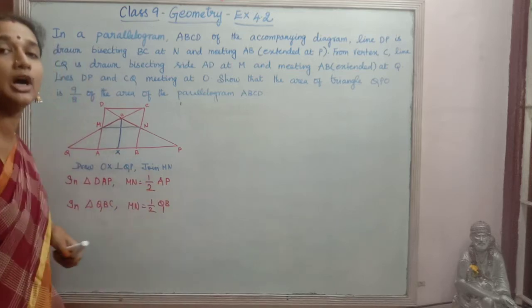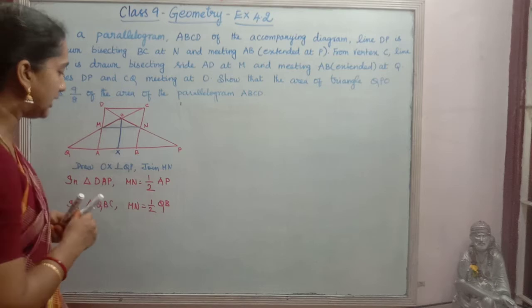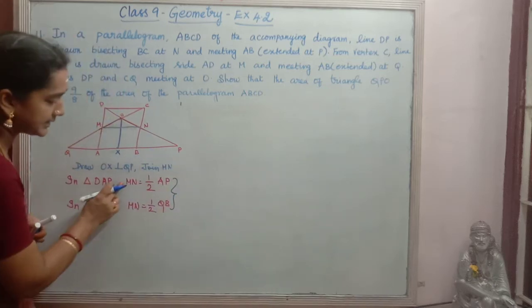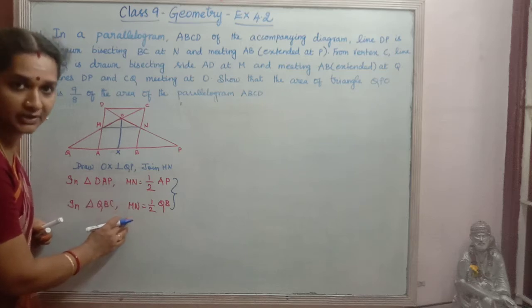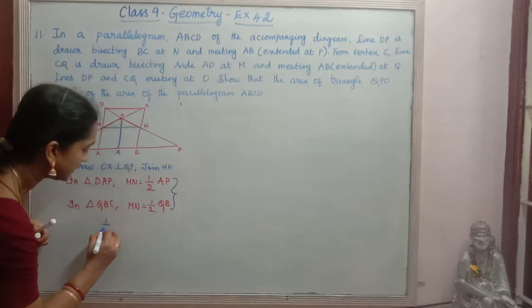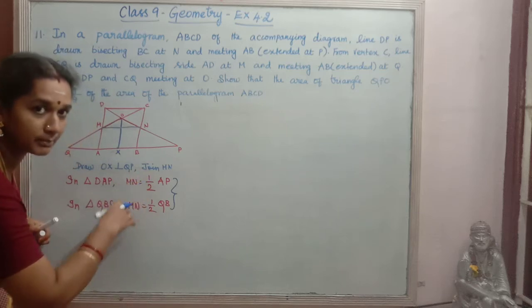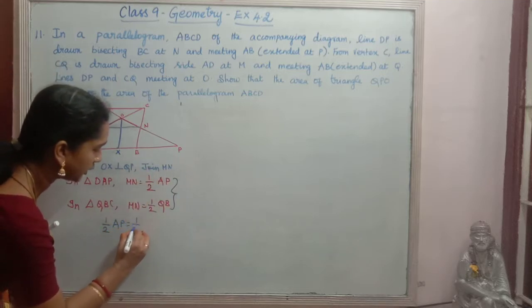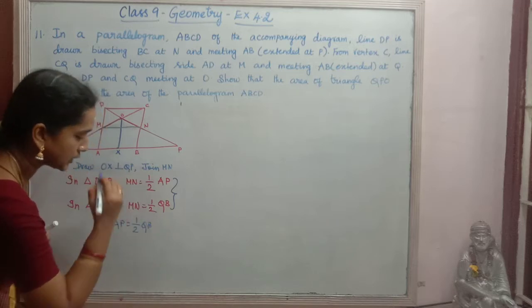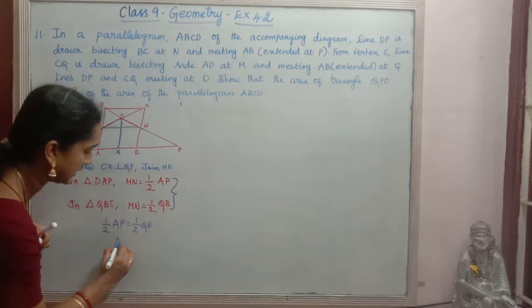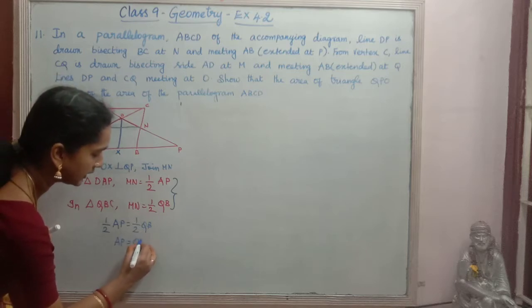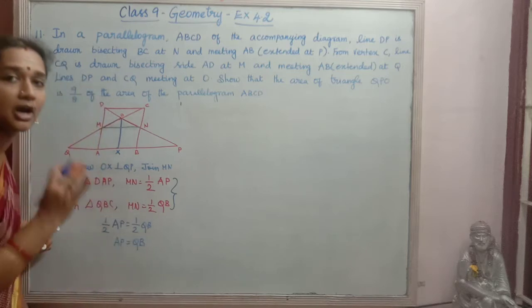Now when we equate these two equations, in both we have MN, so half of AP is equal to half of QB. So from this we understand AP is equal to QB.